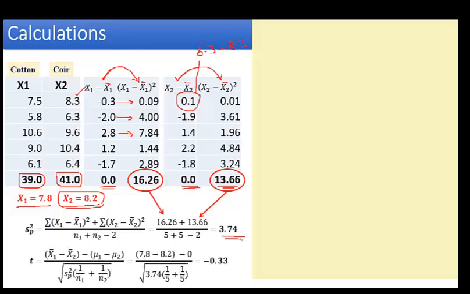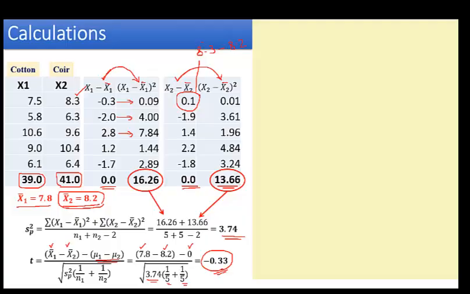Placing all the information in the formula: mean 1 and mean 2, that is 7.8 and 8.2, and their difference, as I pointed out on the previous screen, is 0, here is the pooled variance, and the first sample size is 5 and the second sample size is 5. By solving it you get minus 0.33.